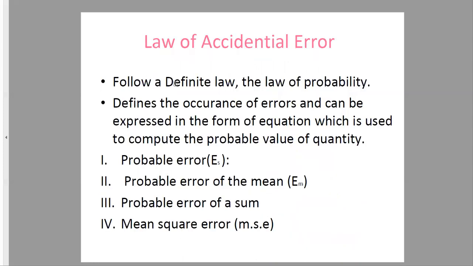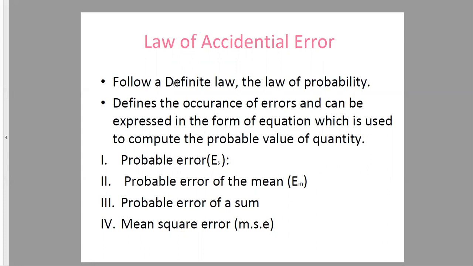Now we'll see the law of accidental error. As we have seen, it is obvious that large errors are not frequent, and errors of equal magnitude are probable. It means the chances of a 0.5 error will be equal in magnitude for both signs, that is minus 5 or plus 5.